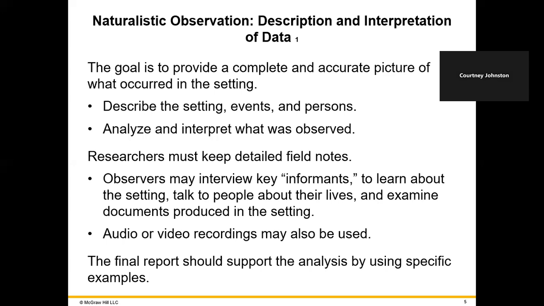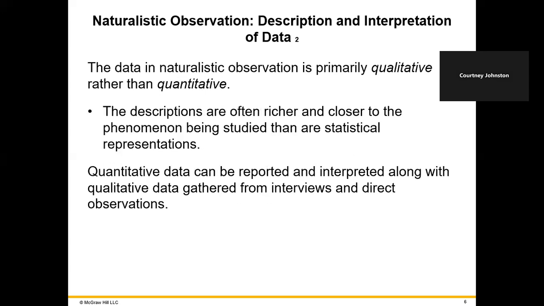So you're interviewing people, talking to people about their lives, and examining documents that were also produced in the setting. You might go back and find historical documents that may bolster the study. Also, audio or video recordings may be used to collect that information as well. And the final report is usually an analysis using specific examples to defend the conclusions.